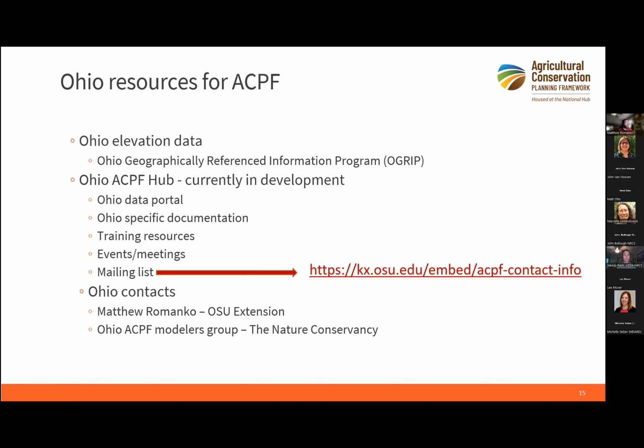Once that is available, you can just go to the hub and get that. But for now, I'm going to put this link in the chat as well. If you're interested in signing up for the Ohio mailing list, you can do it right there.